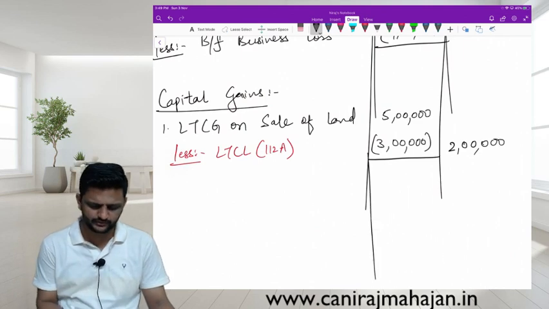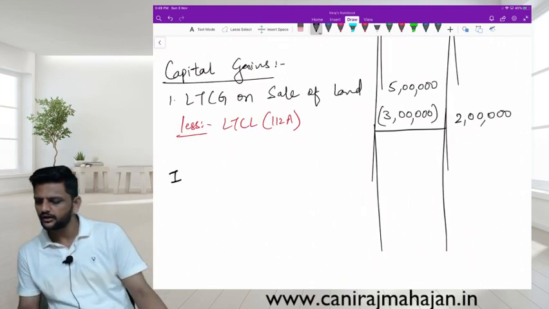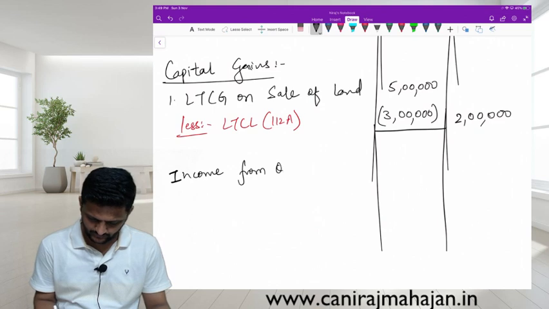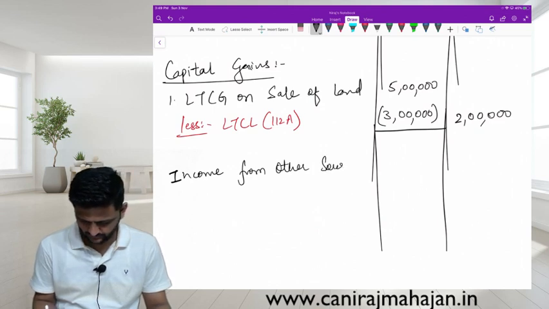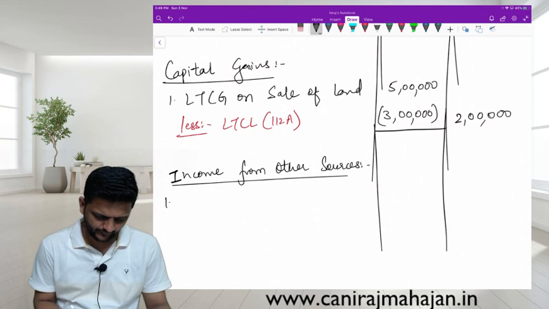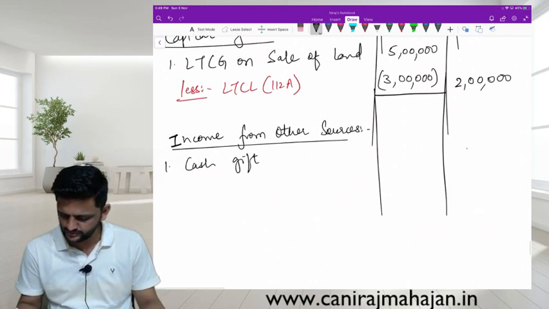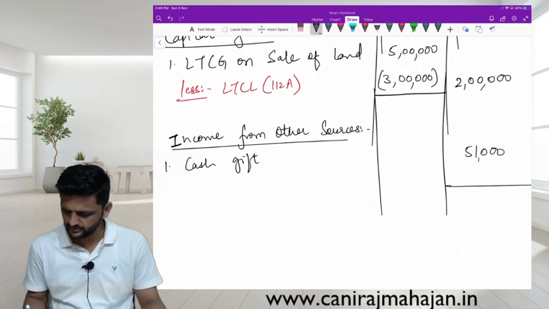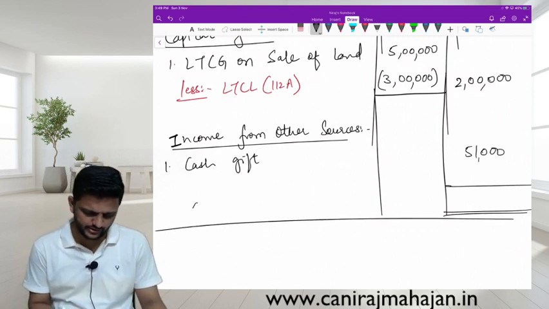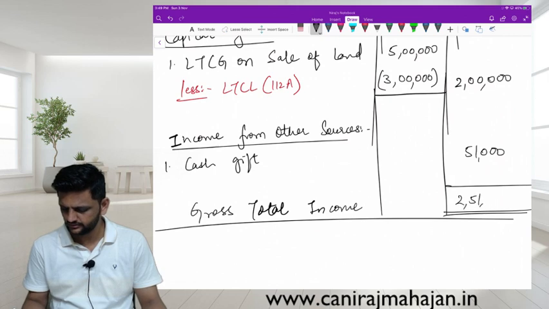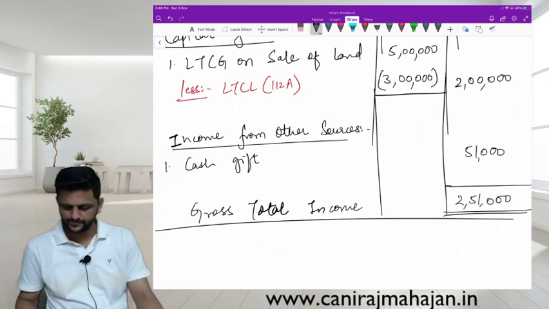Then we have one more head of income. IOS, what is the cash gift? Cash gift directly in the outer column, 51,000. We have gross total income 2 lakh 51,000.